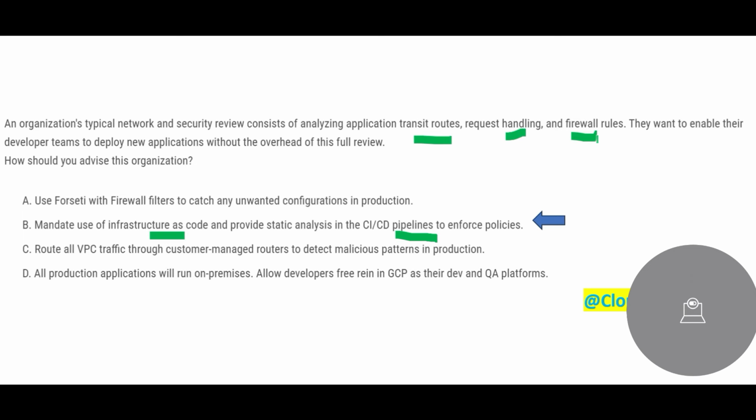Anything fails, it just says, boss, this policy has failed, you fix it. So infrastructure as code and policy: we have brought automation into this. That is what you want to advise, so that manual review is out of the question now.